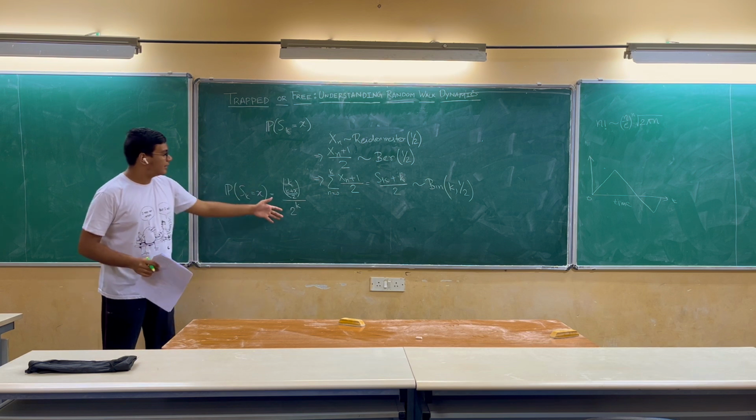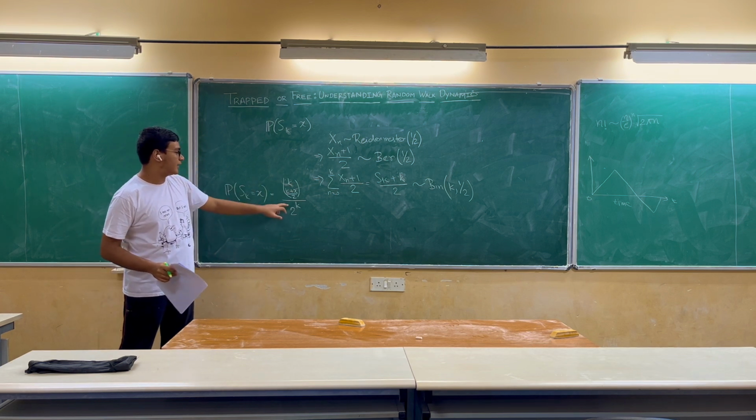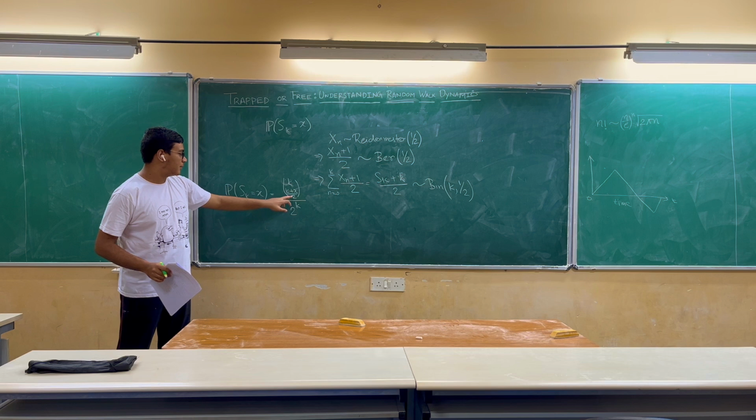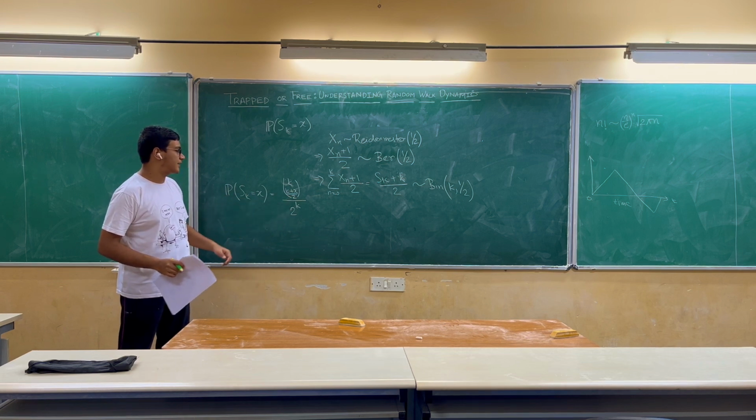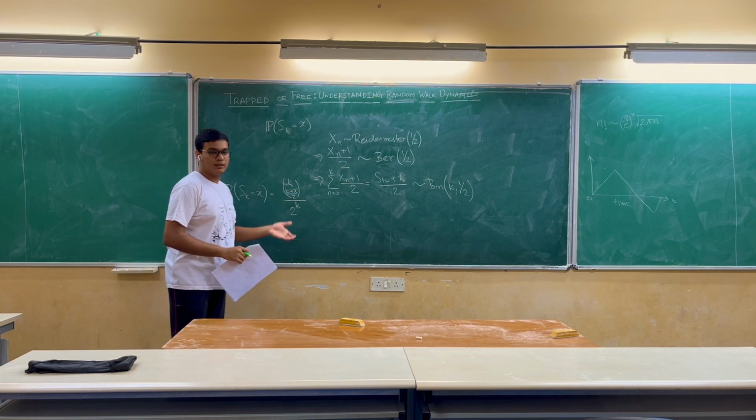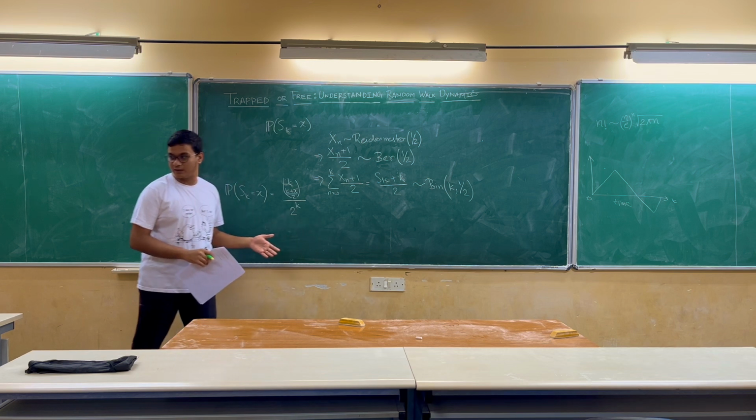Basically, this is the binomial distribution, where we take (k plus x) by 2 many steps in the plus 1 direction, and then after simplification we get this thing.